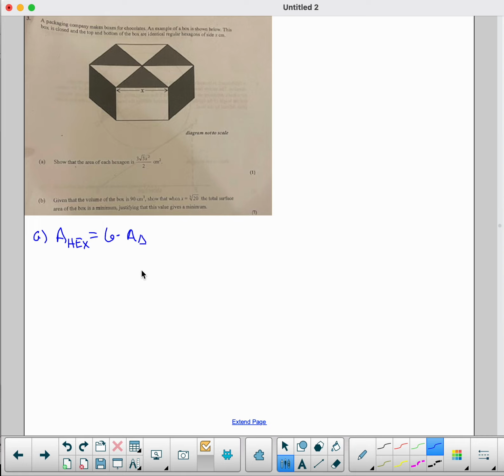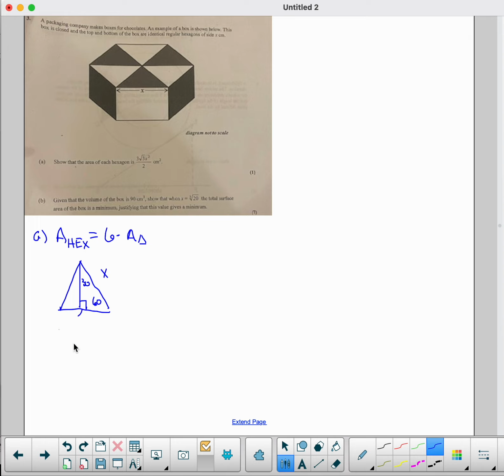So I'm going to pull out one of those triangles. We know they're all of side x, and we know they're all 60 degrees. So if I drop a perpendicular, I've got a 30, 60, 90 triangle.